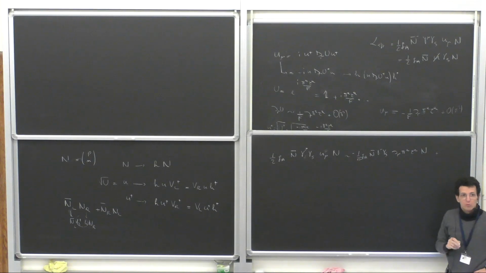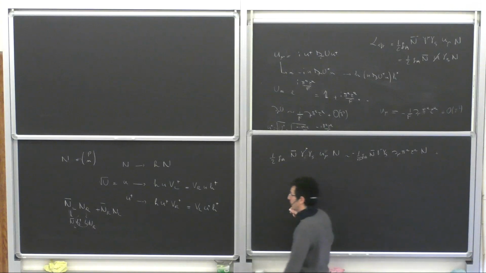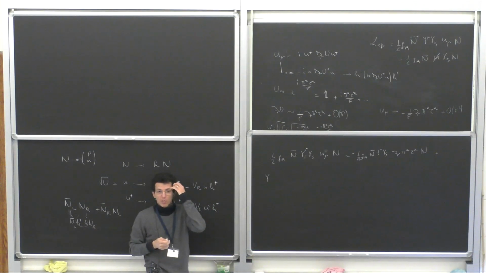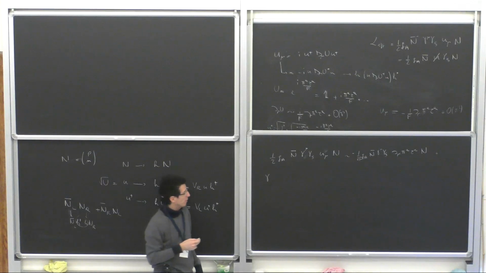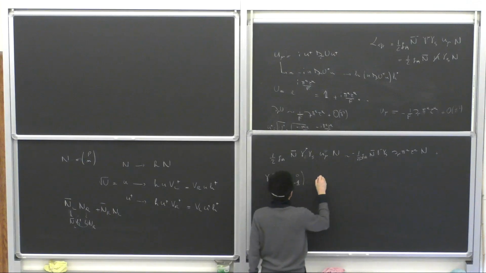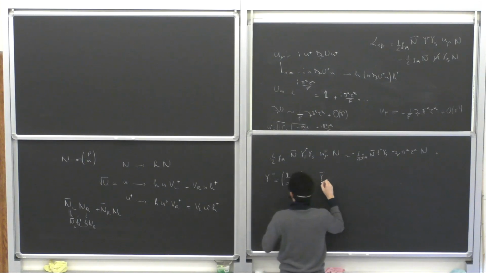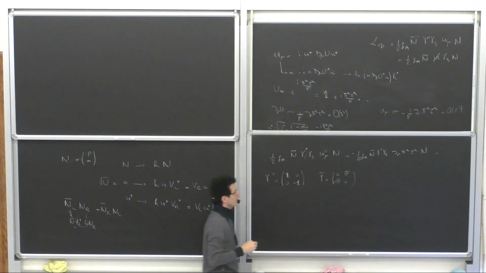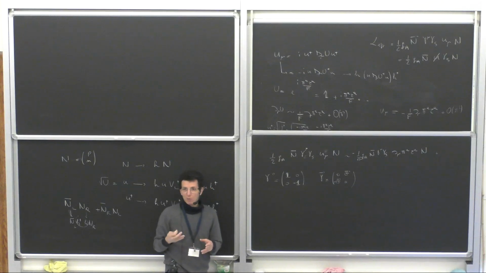Gamma mu, do you remember the expression for gamma mu? Dirac gamma matrix. There are various representations of the gamma matrices. The most widely used is the one for which the temporal part gamma 0 is diagonal. And here we have the Pauli matrices.